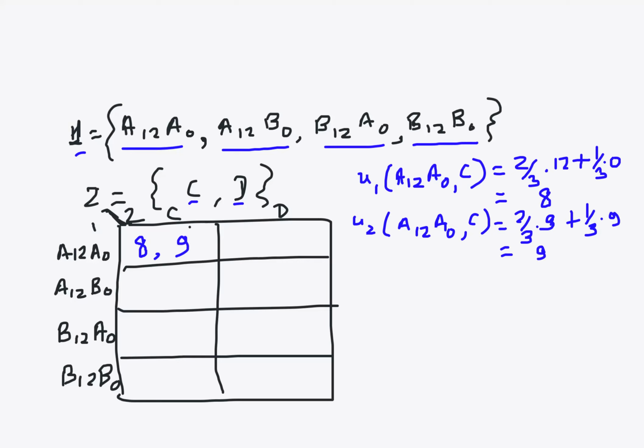So that goes here. Similarly, I can look at the expected payoff for player 1 when he plays A12, A0, and player 2 plays D. With 2/3 probability, player 1 gets a payoff of 9, and with 1/3 probability, player 1 also gets 9. So the expected payoff is 9.